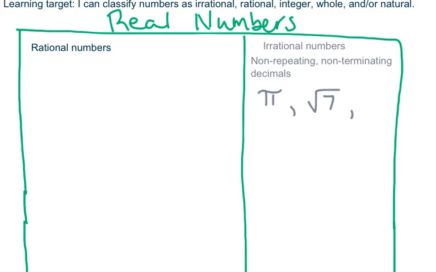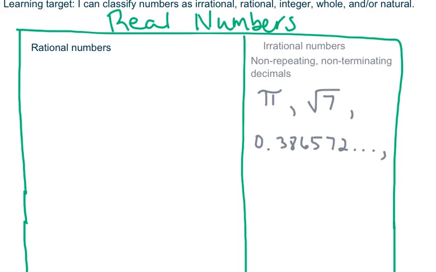So if it doesn't repeat and it doesn't end, I have an example of 0.386572, and then it continues on forever, so the way I show that is with the 3 dots. Those digits don't repeat in any kind of a pattern, and they go on forever, shown by the 3 dots. That is an example of an irrational number.